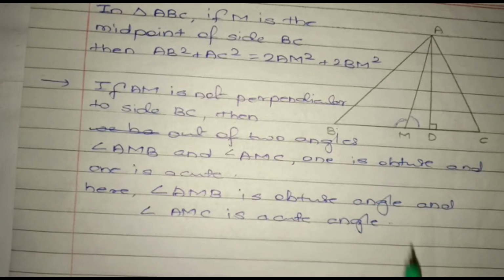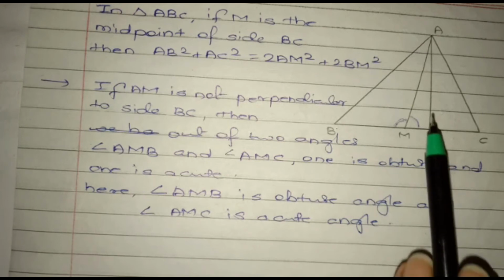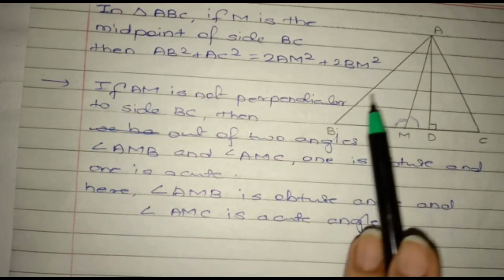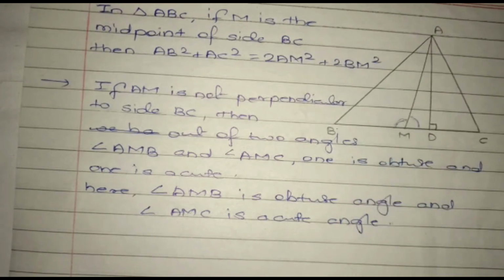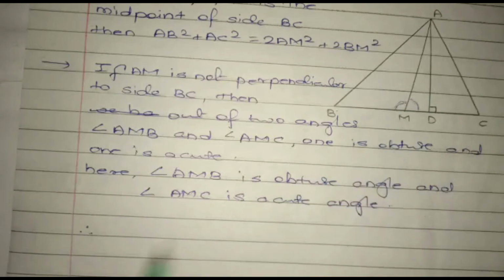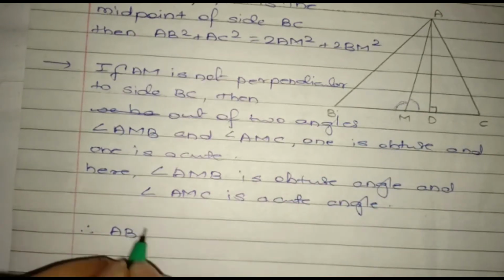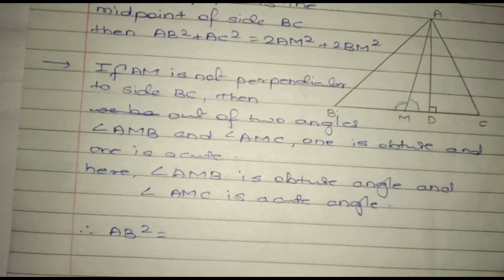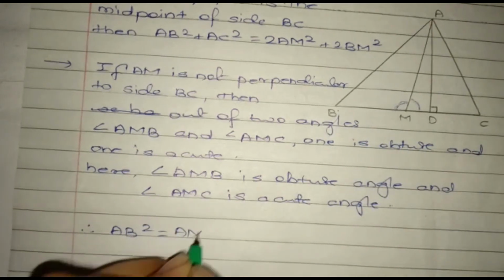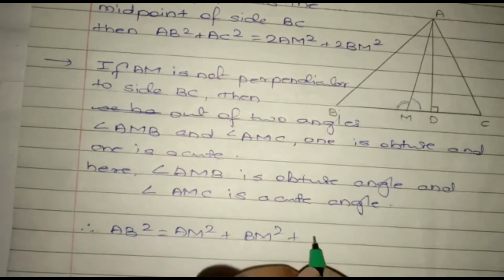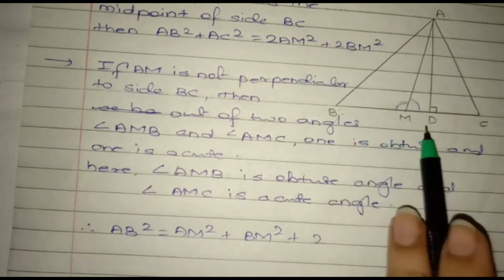Okay, now using the relation which we found out for the side opposite to obtuse angle and the remaining two sides, using this angle we will get, therefore AB square is equal to AM square plus BM square plus 2 into BM into MD.